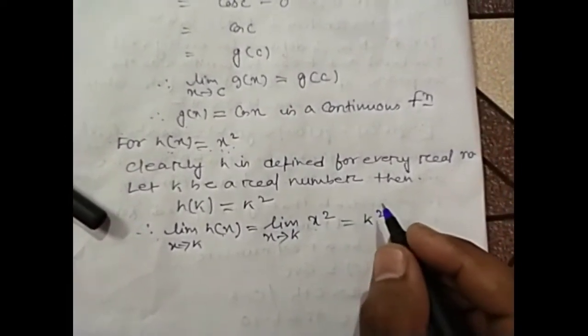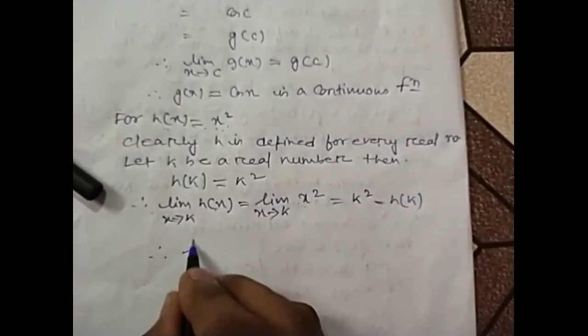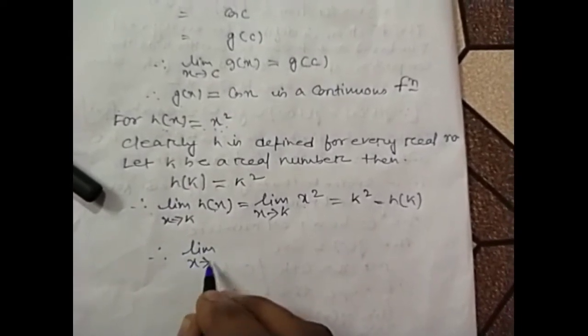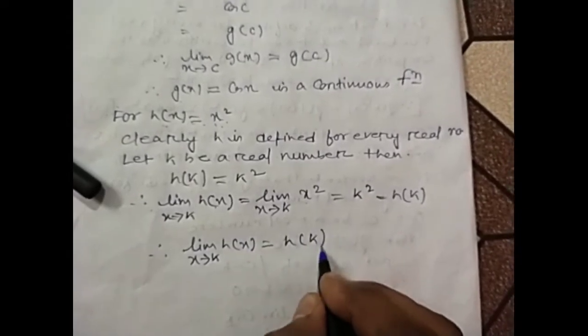So put the limit and you will get k square, and k square is equal to h of k. Therefore, limit x tends to k of h(x) equals h(k).